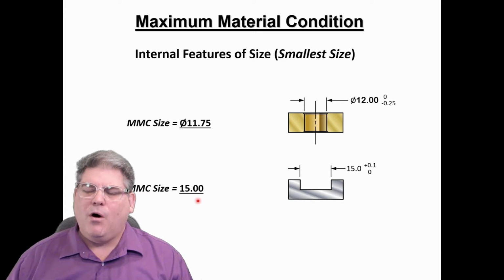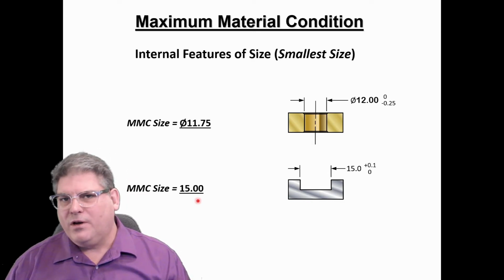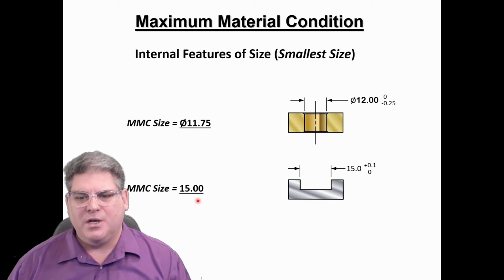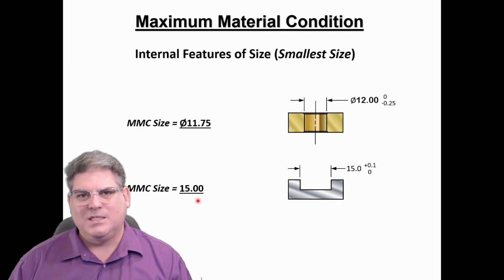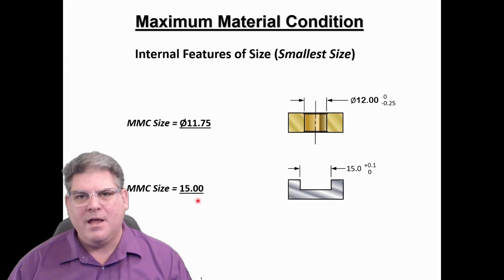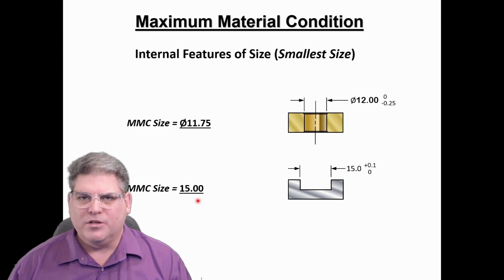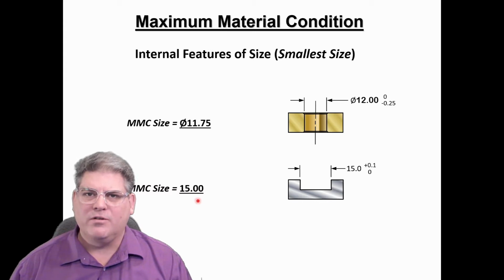However, when we deal with holes, the same rule applies. So we're looking for the maximum material condition. And in this case, that would be when the hole is the smallest. You can think of weighing the part, okay? And so the smaller the hole, the more your part is going to weigh.